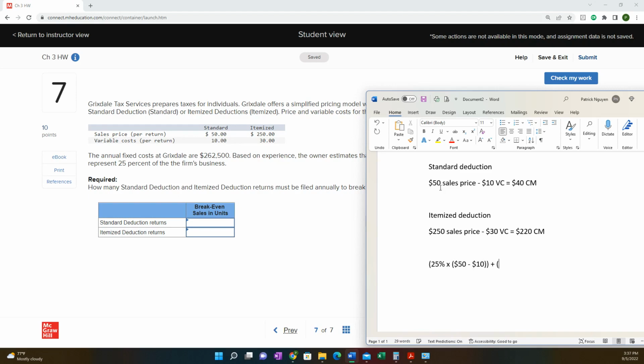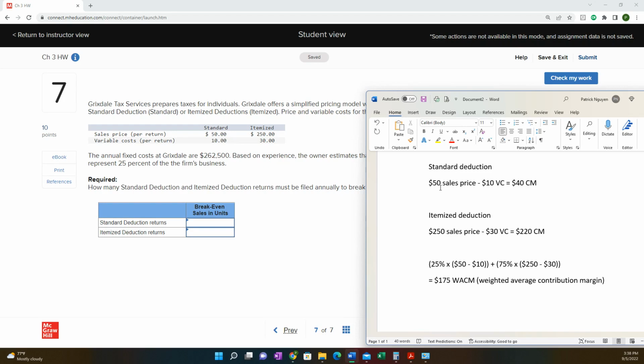We take the $250 sales price minus the $30 variable cost, which gives us a weighted average contribution margin of $175. So again, we know that we make $40 profit on each standard deduction return that we do. We make $220 on every itemized deduction return that we do. But since we do a mix, on average, we're going to do $175 profit per return.